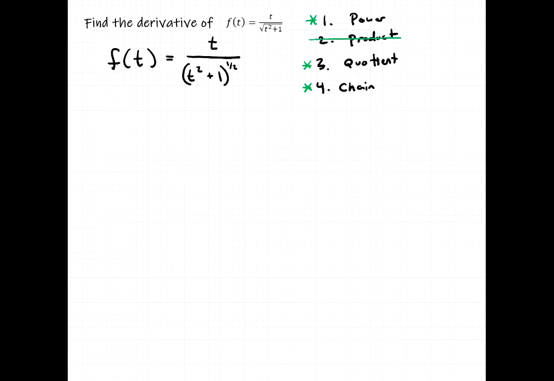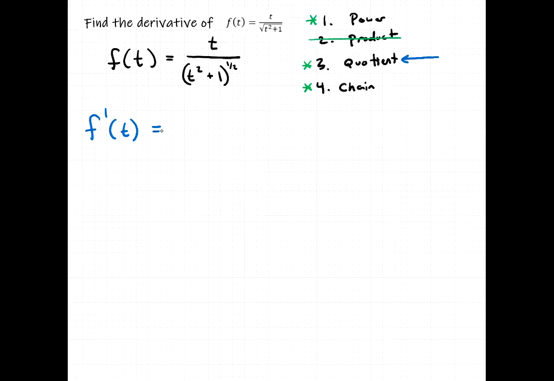All right, so let's see what this looks like. The derivative of f of t. Well, we'll start with the quotient rule. This is where we start because the power rule only applies to this power, the chain rule only applies to the denominator, but the quotient rule applies to the entire function.